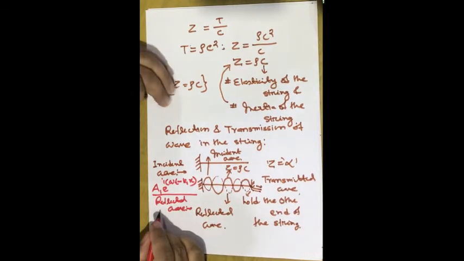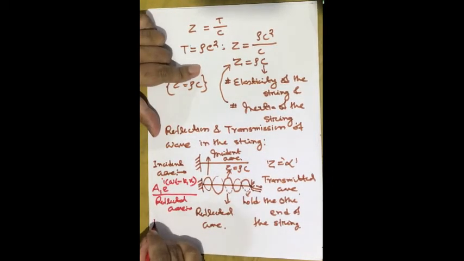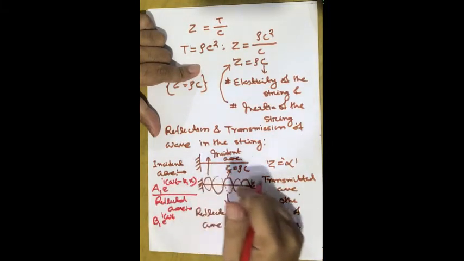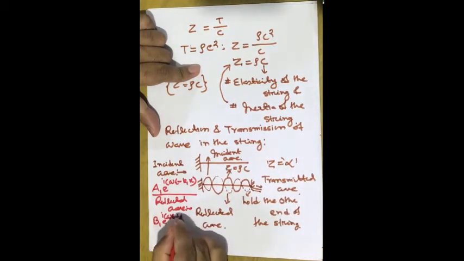Say the amplitude is b1, so this will be b1 e to the power i omega t, but now it's moving towards the negative x direction, so it will be e to the power i(omega t plus k1 x).